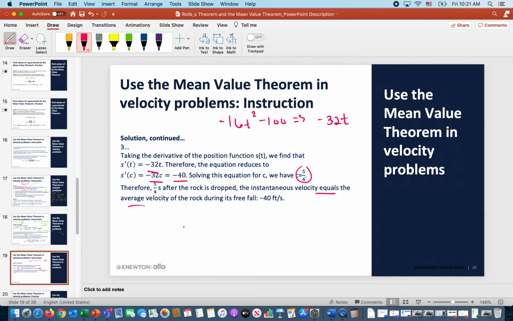Now, remember, the average velocity is just how fast that thing is moving on average. So we know that in the very beginning, the rock is just sitting there. If I were to indicate the rock's motion with arrows, the velocity is very, very small to begin with. But what happens to the velocity over time?